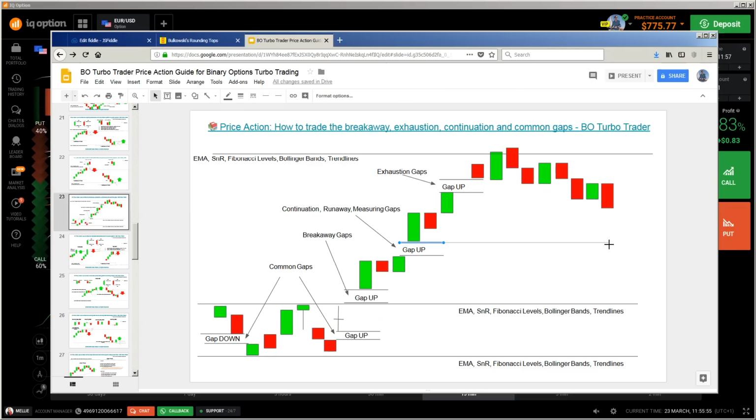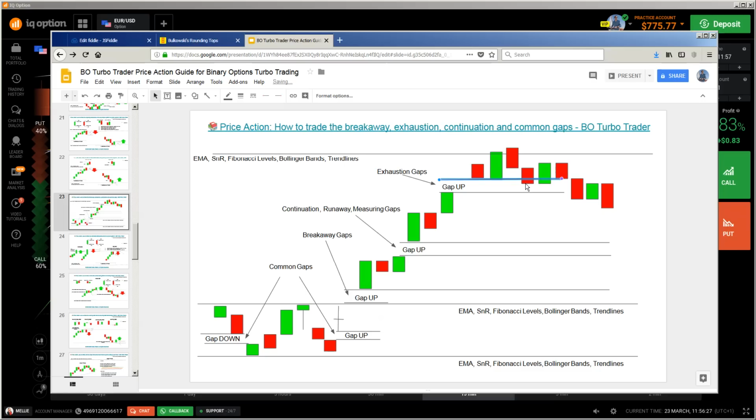I will mark it in this area so you understand it, and this is how you have to trade them. Mostly they work really well as support and resistance areas, so you have to use them as support and resistance areas.